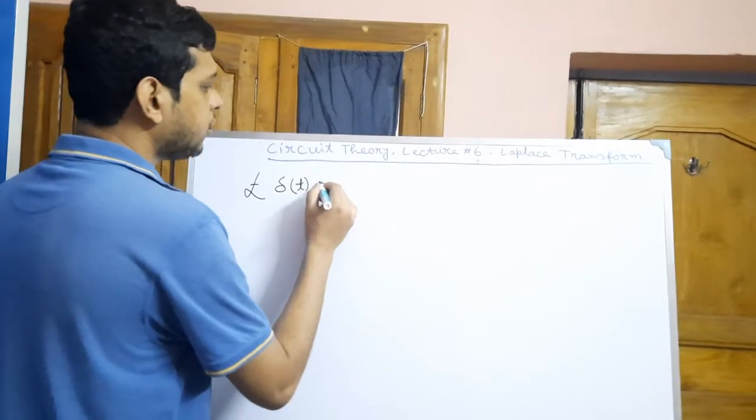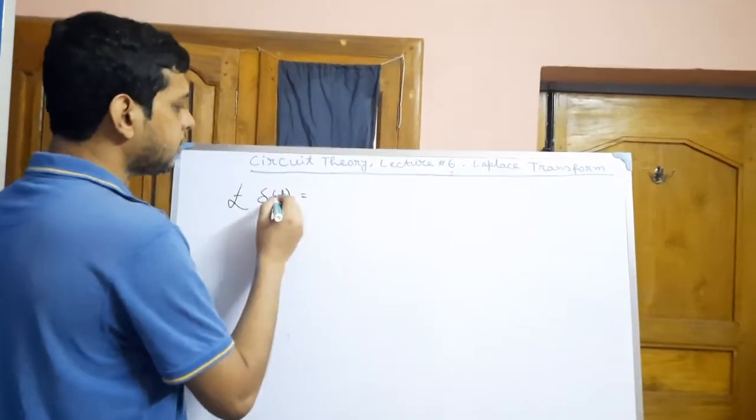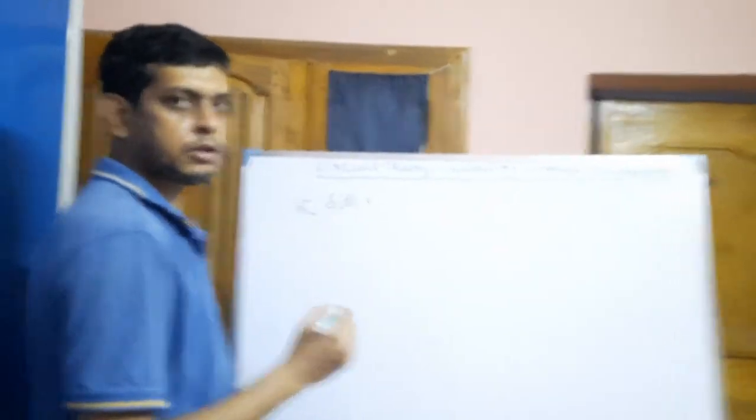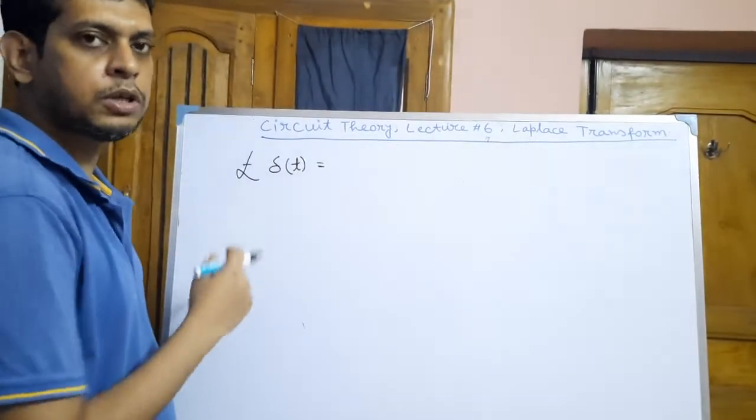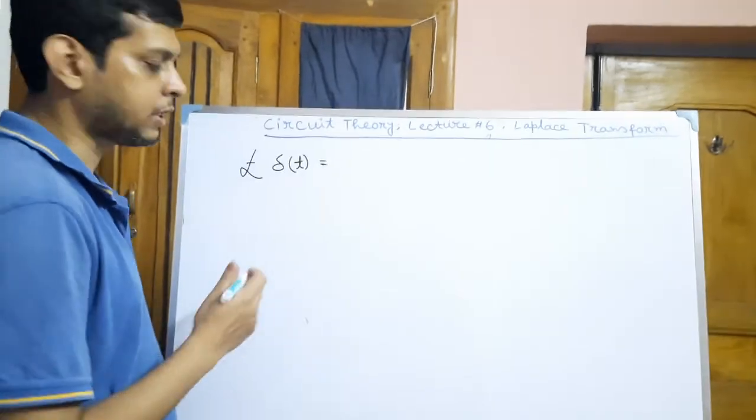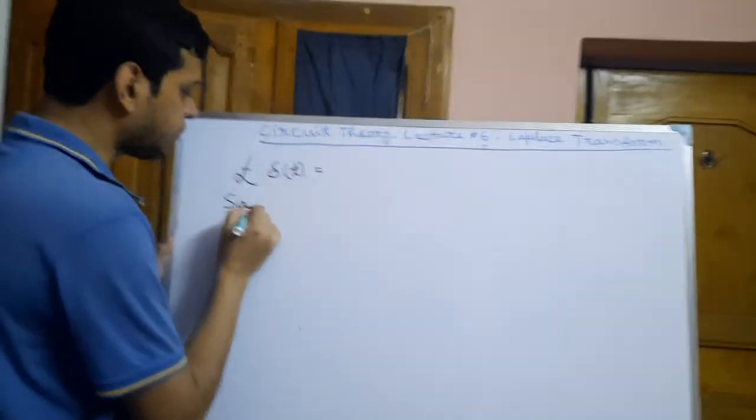Now, in order to determine this, we will try to recall one very important property of the unit impulse function, that is the sampling property. Now, what is the sampling property?